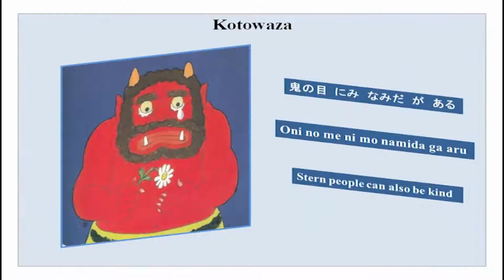Well, we have been talking about Oni all the time, and that Oni is bad and evil and negative and all the time very grumpy. So, there is a small kotowaza, or a proverb or a saying in Japan, and of course, we all know that saying, that appearances can be deceptive, and even stern looking people, very mean looking people, bad people also have a kind spot in their heart. They can also be very kind. So, the saying is Oni no me ni mo namida ga aru.